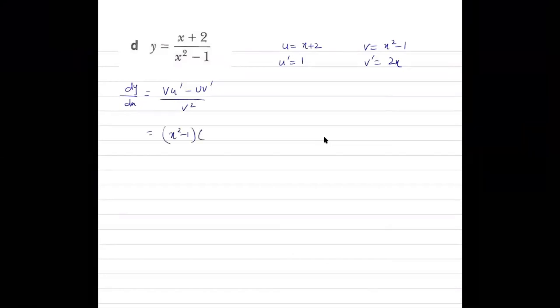Okay, so in this case, our u is going to be x plus 2 and v is going to be x squared minus 1. u prime is going to be 1, v prime is going to be 2x. But now I will apply quotient rule which says vu prime minus uv prime over v square. v is x squared minus 1, u prime is 1, u is x plus 2, v prime is 2x over v square, that is x squared minus 1 the whole thing square.